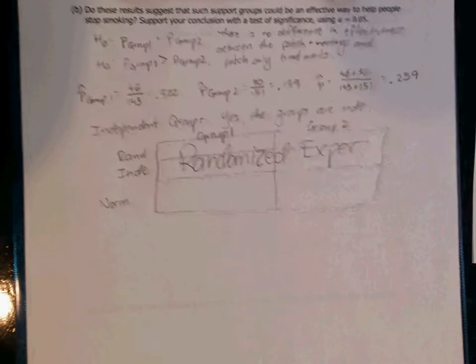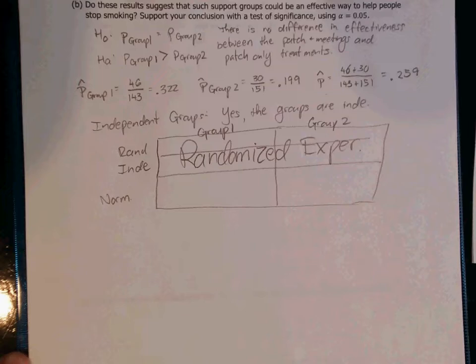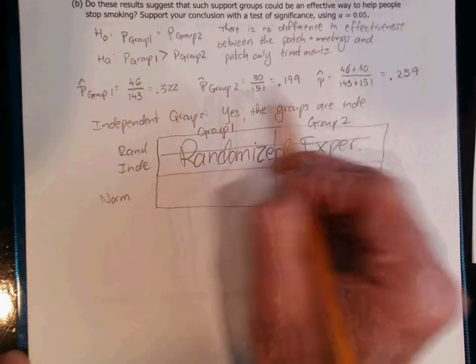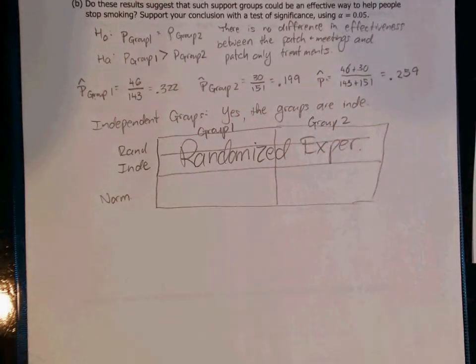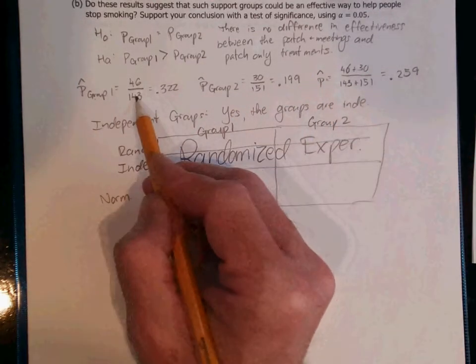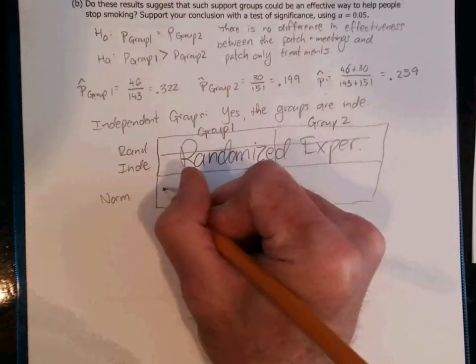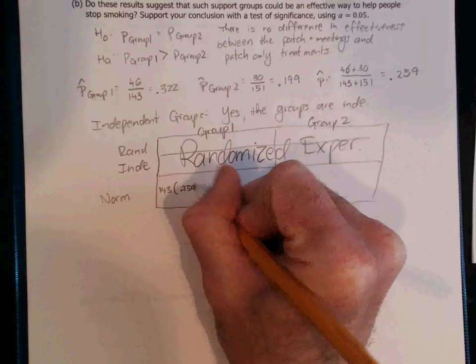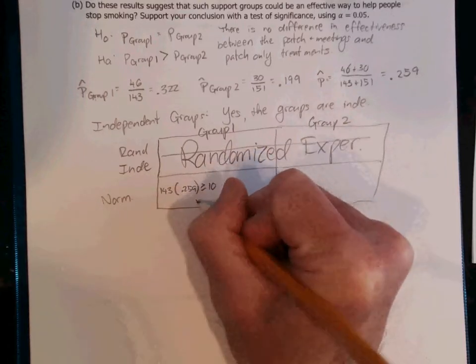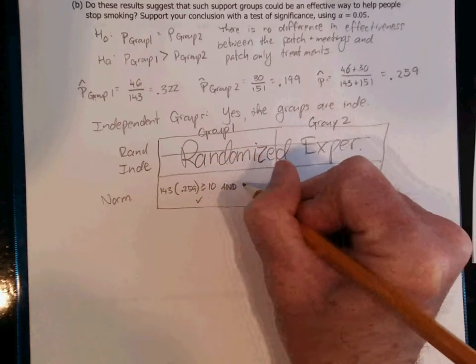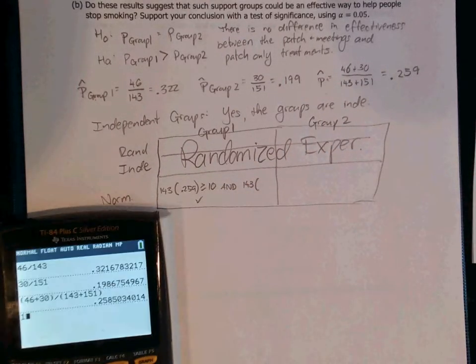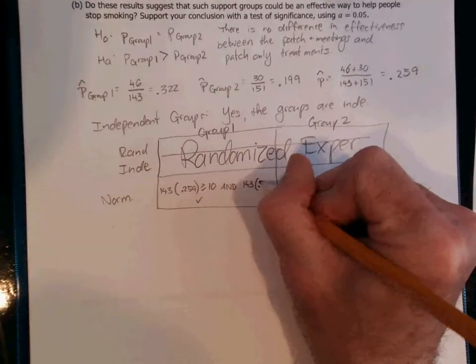Now for the normality check, I'm actually going to use p hat, not p hat group 1 or p hat group 2. I'm going to use the combined proportion. So this is where the sample sizes become important. I'm going to do 143 times 0.259. Is that greater than or equal to 10? It is. And 143 times 1 minus 0.259, which is about 0.741. Is that greater than or equal to 10?